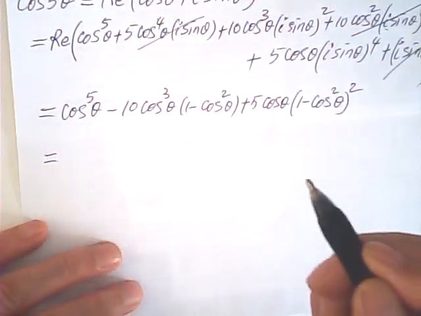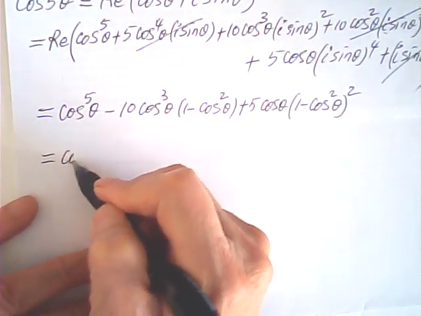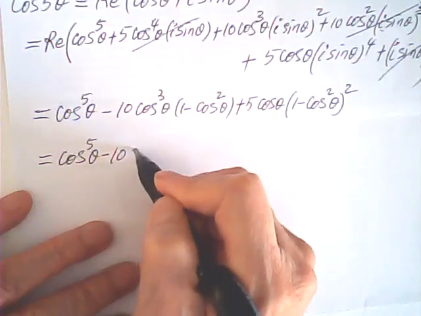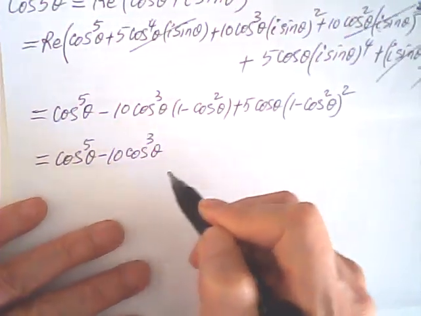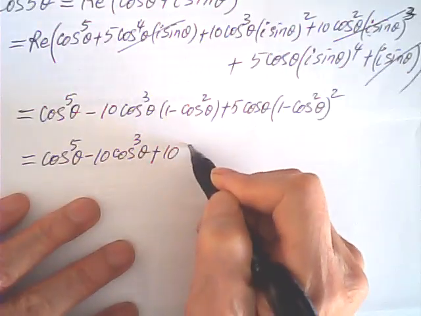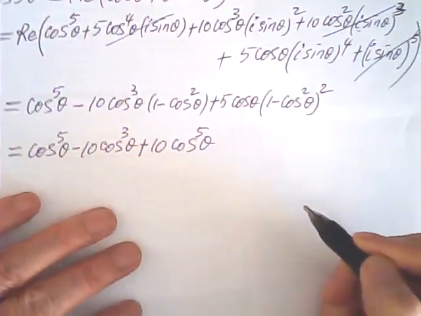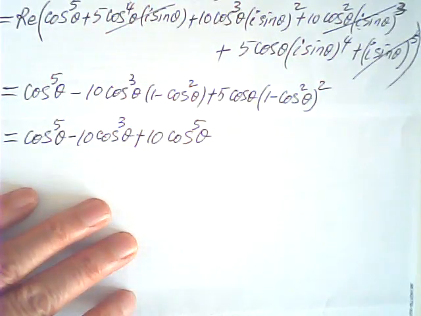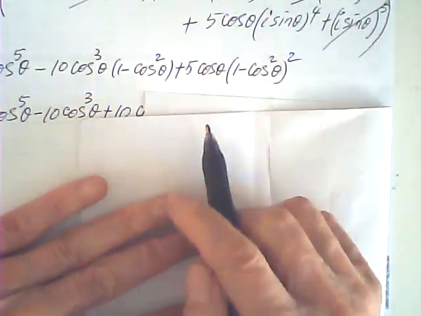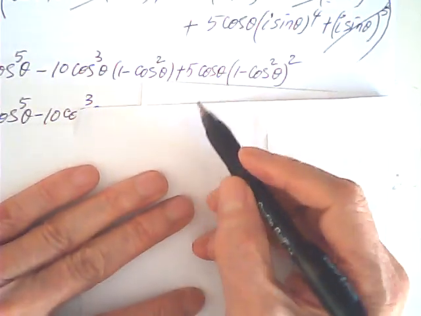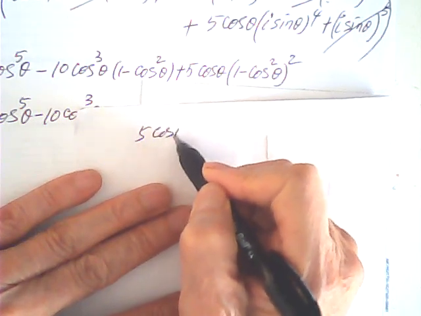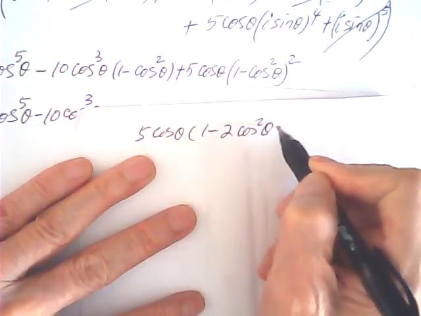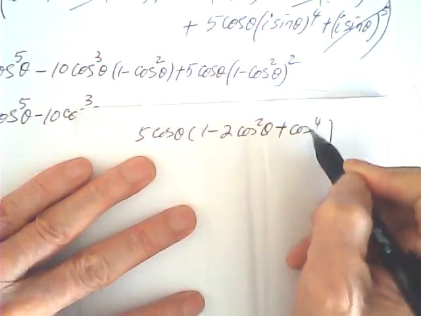Now then, this is equal to cosine 5 minus 10 cosine cube plus 10 cosine 5th. And this one is 5 cosine times (1 minus 2 cosine square theta plus cosine 4th).